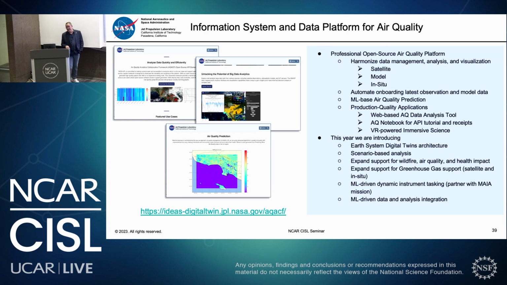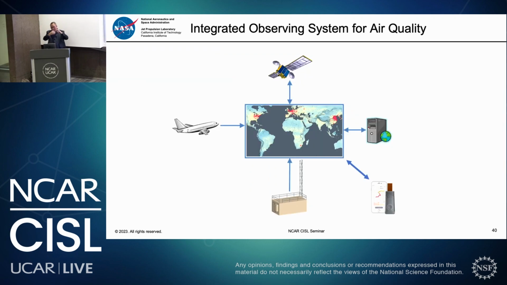The MAIA mission, which will be launching in a few years, has a retaskable camera. So we want to see if we can build a simulation of retasking that instrument, because we're working closely with the science team there. The goal is creating an integrated observing system where you get data from satellite, airborne, in situ measurements, and even medical devices, in one place.